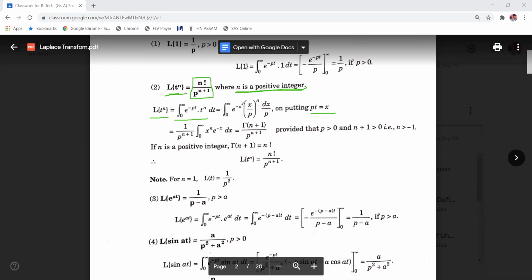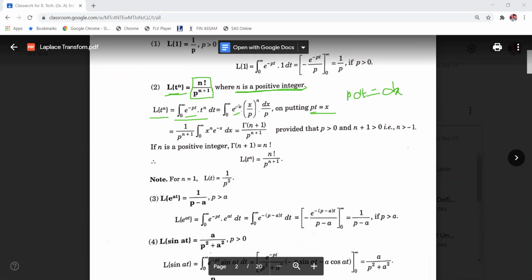Since pt is equal to x, e to the power minus pt will be e to the power minus x, into x by p whole to the power n, into dt. Differentiating both sides, p dt is equal to dx, so dt is equal to dx by p.